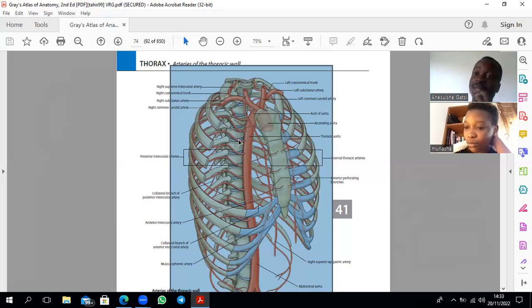So the problem comes when you say there's only the subclavian, carotid, and brachiocephalic. But it's not only 3. There are other smaller branches coming from the arch going directly to organs. But the 3 main ones, there is a brachiocephalic trunk. When you call an artery a trunk, it means it's going to divide somewhere. Because a trunk is a large thing that has to be divided. So the brachiocephalic trunk is the one that will give you the right subclavian and right common carotid.